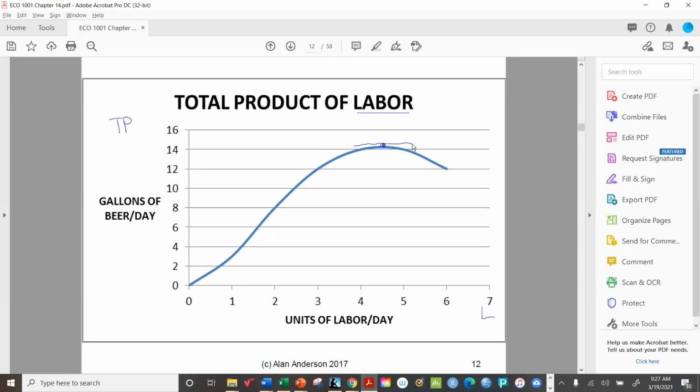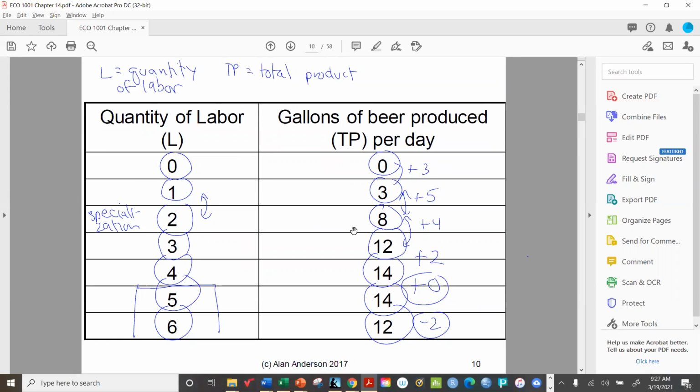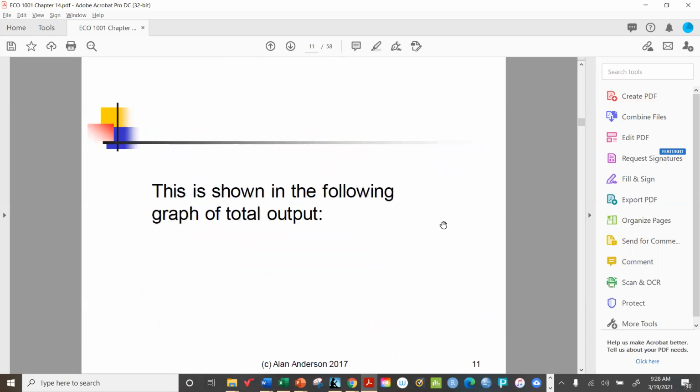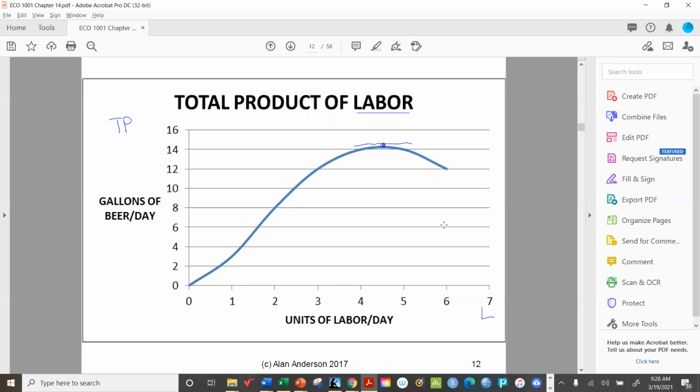So in other words, at first, let me just go back and show you, output is increasing at an increasing rate up to the second worker, and after that, it starts to increase at a decreasing rate. Okay, and again, it's really hard to see with this curve.